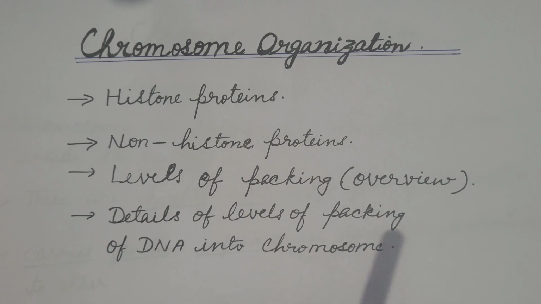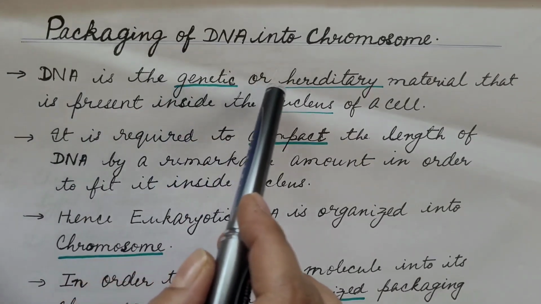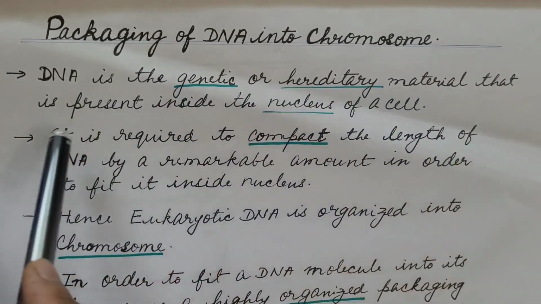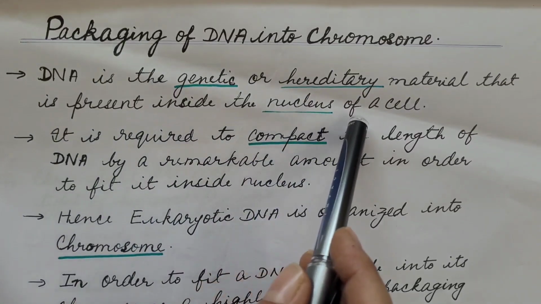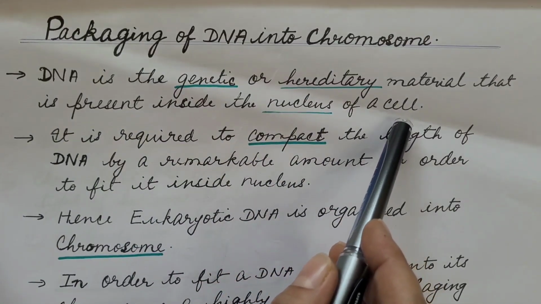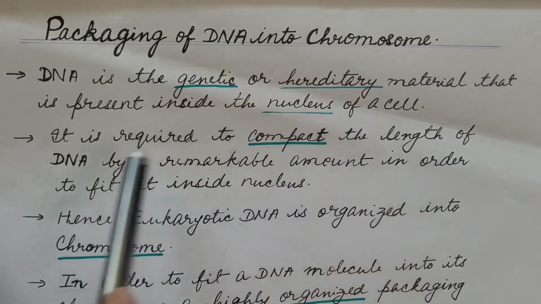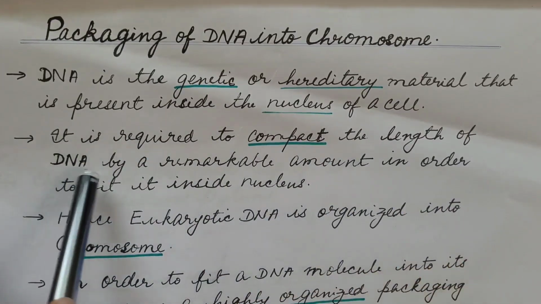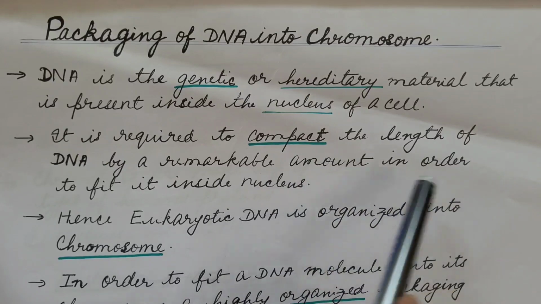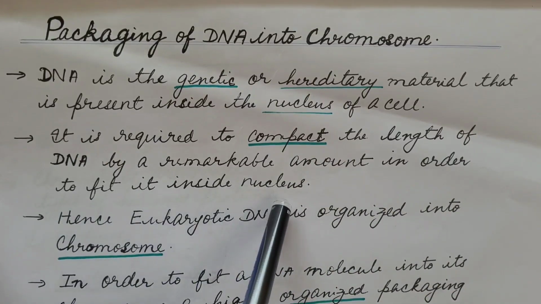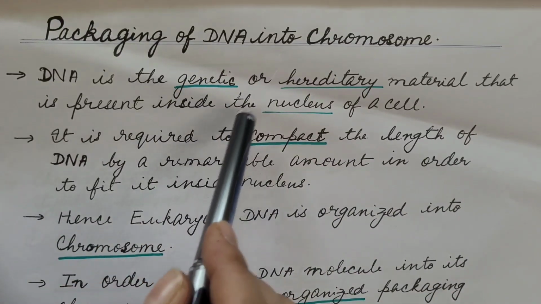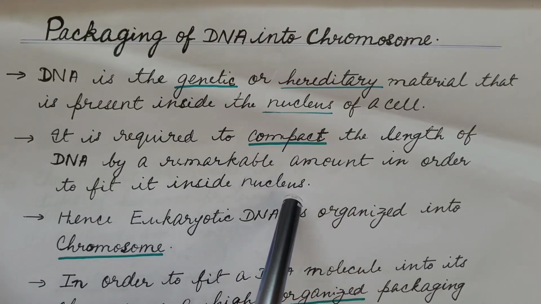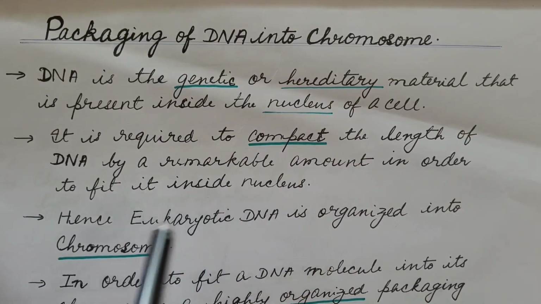So stay tuned. We know that DNA is the genetic or hereditary material that is present inside the nucleus of a cell, if we talk about a eukaryotic cell. So, it is required to compact the length of DNA by a remarkable amount in order to fit it inside the nucleus.